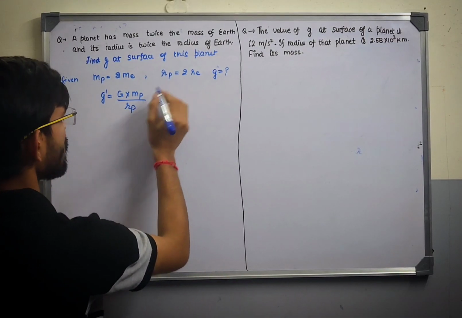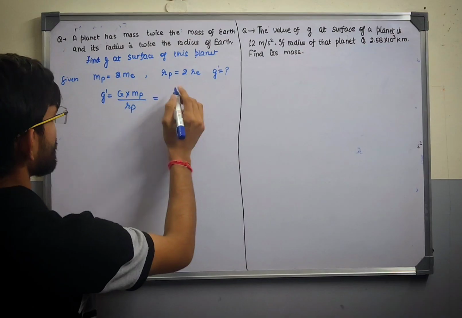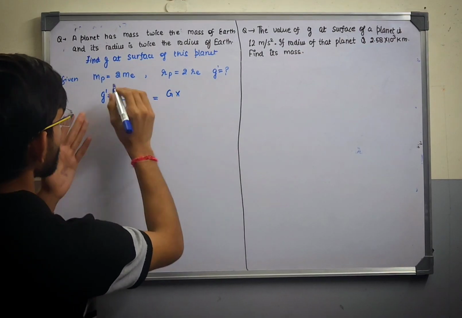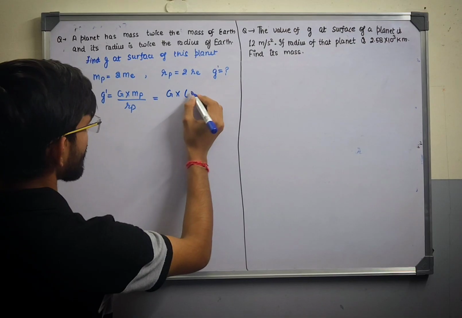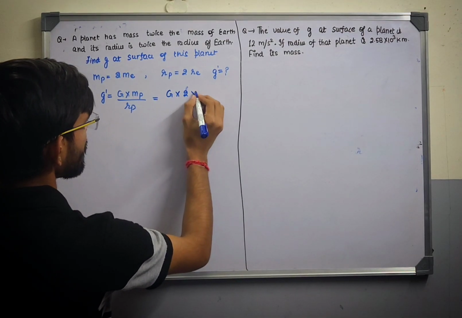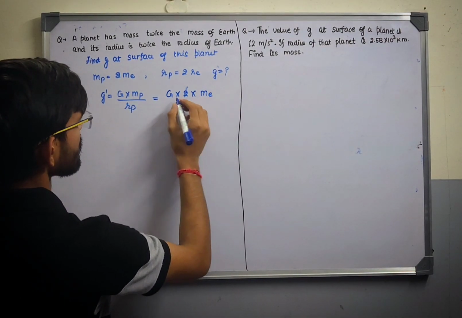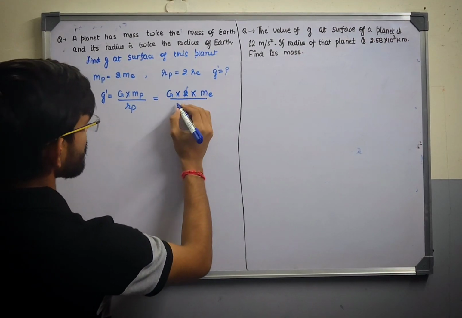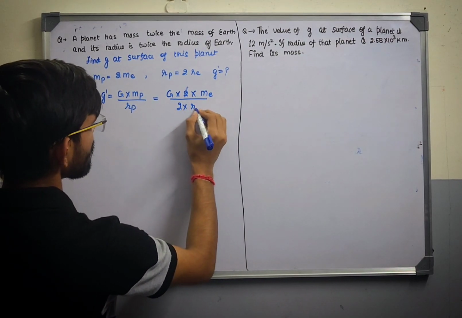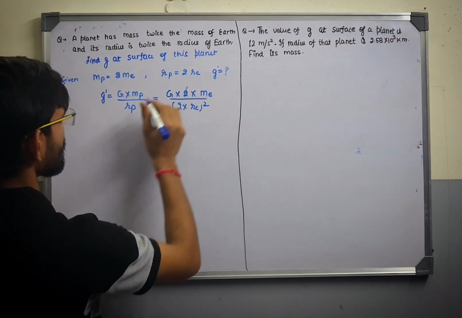So put the value of mp. G mp is equal to 2 into me. Mass of planet is twice the mass of Earth, so I can write this as 2 into mass of Earth, upon radius of planet. I can write as 2 into radius of Earth, whole square.